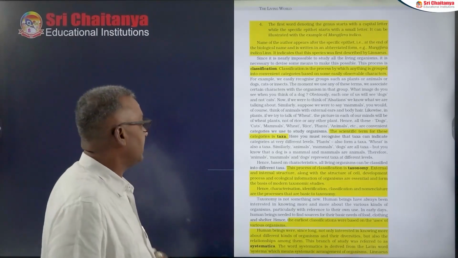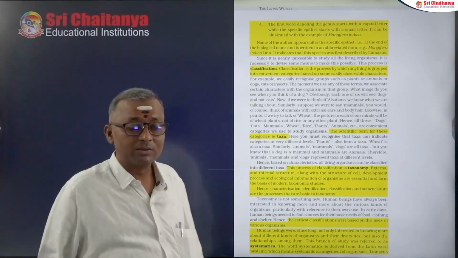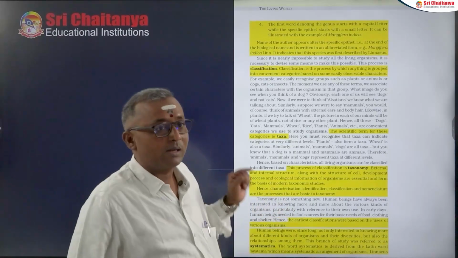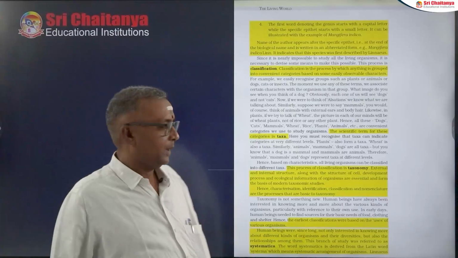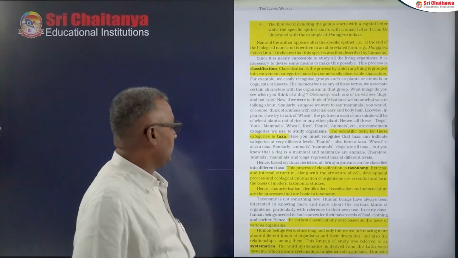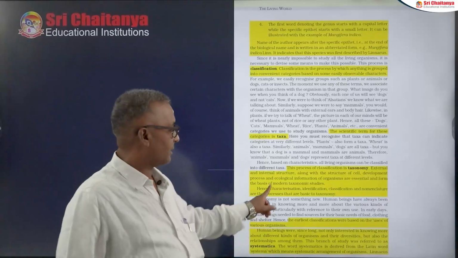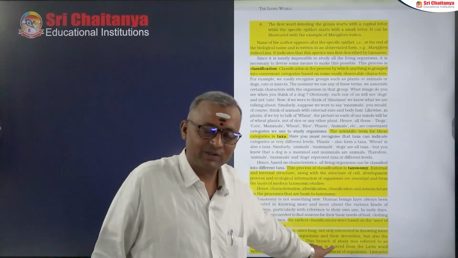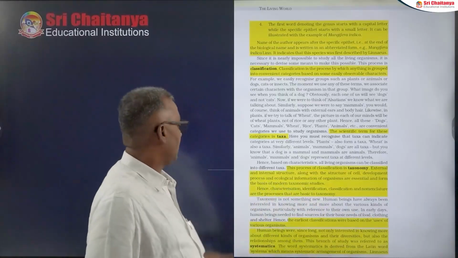All these details are taken into consideration, or they become the basis for modern taxonomy. Then what is basic to taxonomy? Basic to taxonomy includes characterization, identification, classification and nomenclature.